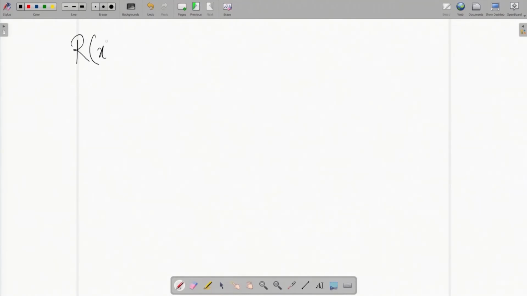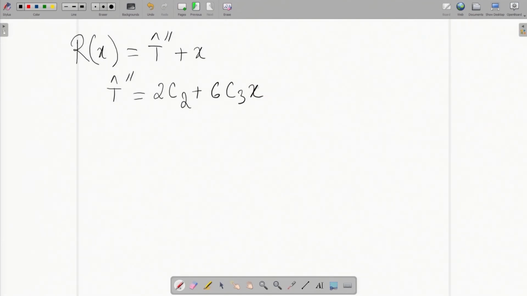We will say that the residual is equal to t hat double dash plus x. So, what is t hat double dash? You have to take the derivative of the t hat equation twice, and then you will have this expression for t hat double dash.